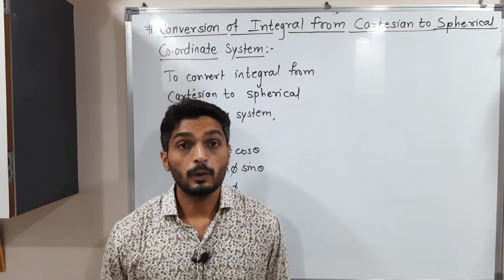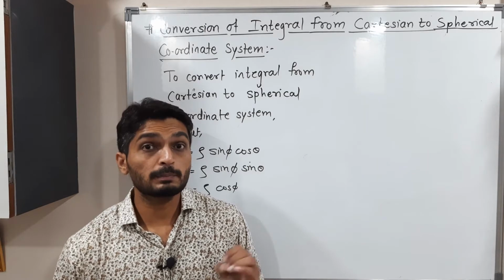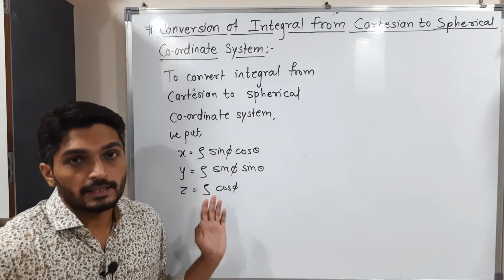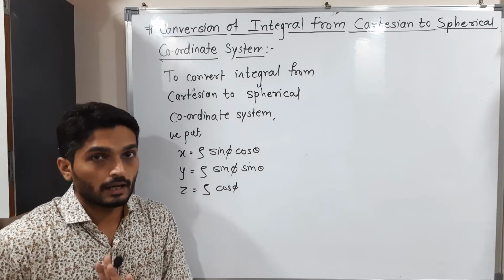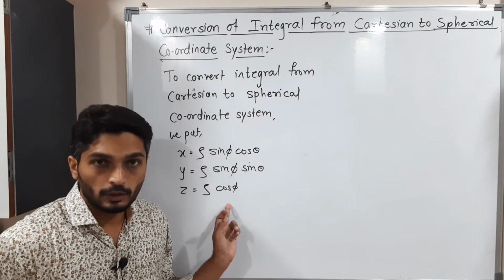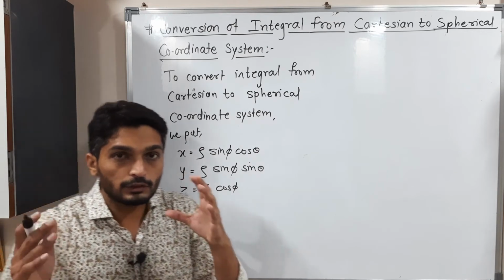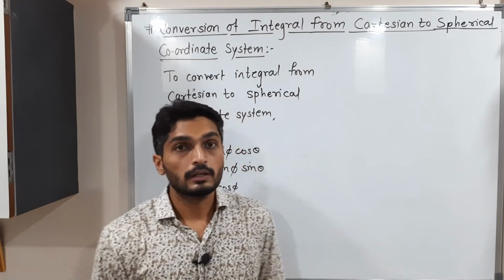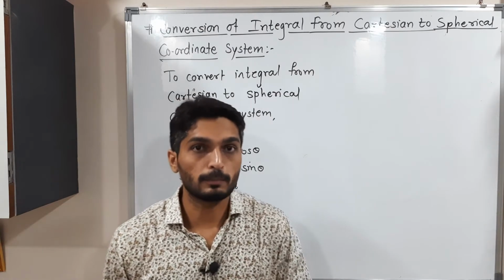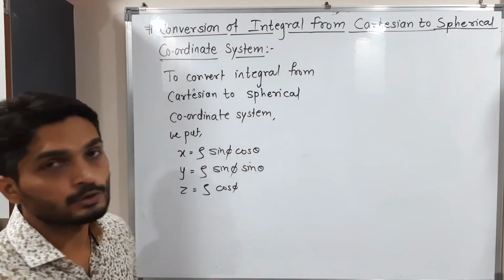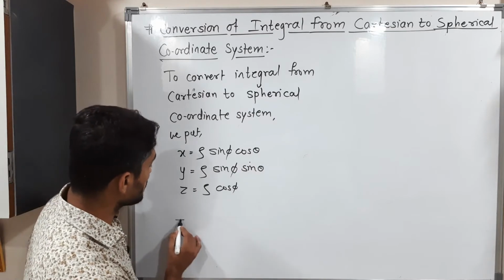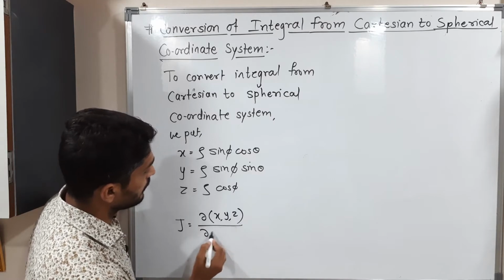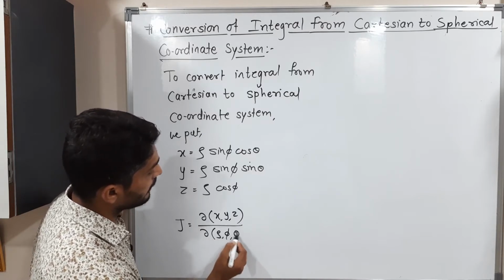Let us see how to convert a problem from Cartesian to the spherical coordinate system. When we have a problem in terms of x, y, z, and we have to convert it into rho, phi, and theta, we use this substitution. When we shift a problem from one coordinate system to another, first of all we have to find its Jacobian. So let us find the Jacobian of this substitution also. Jacobian is equal to the original problem in x, y, z, and we are shifting it to rho, phi, and theta.